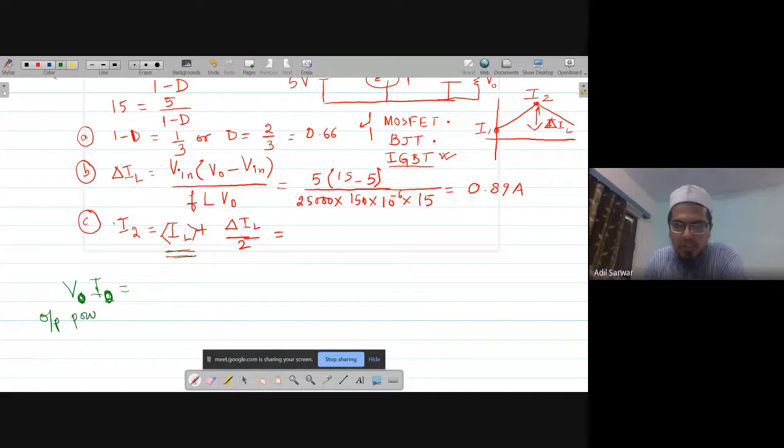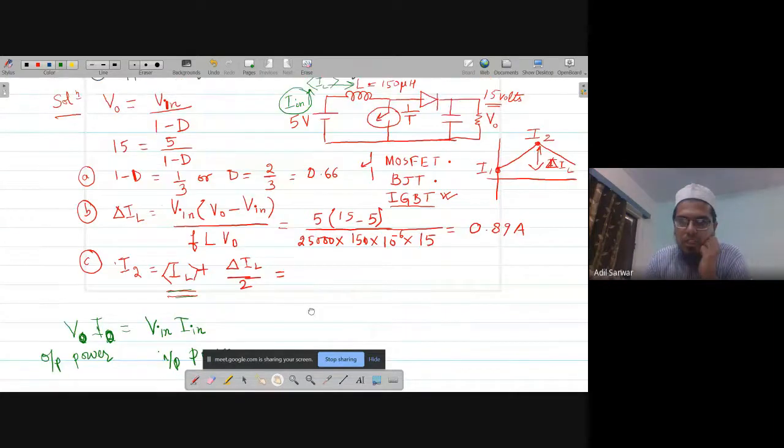This will be equal to the input voltage times the input current, which is the input power. So I can find I in from this expression because IO is given in the problem.